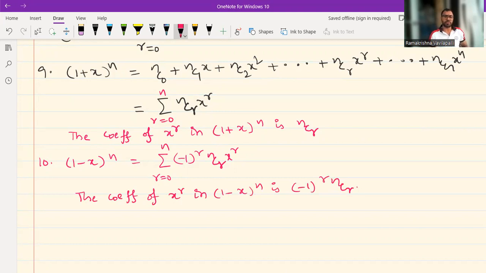Now the most important one is, how do we find out the coefficient of x power k in a particular binomial expansion? This is very, very important.